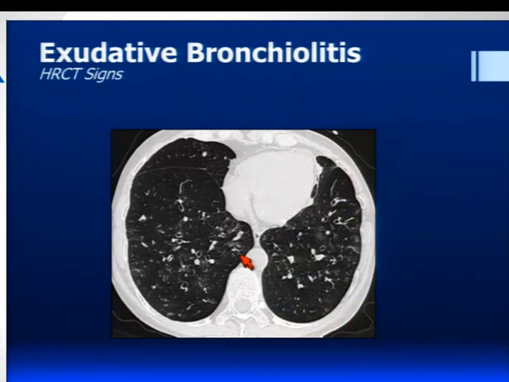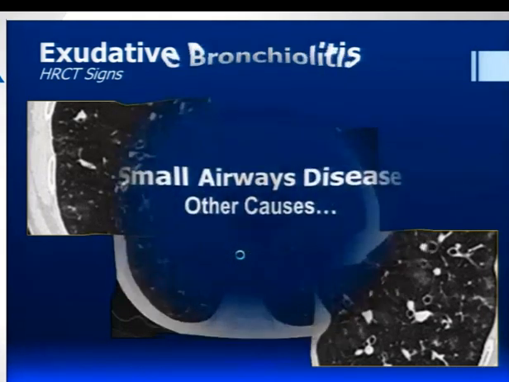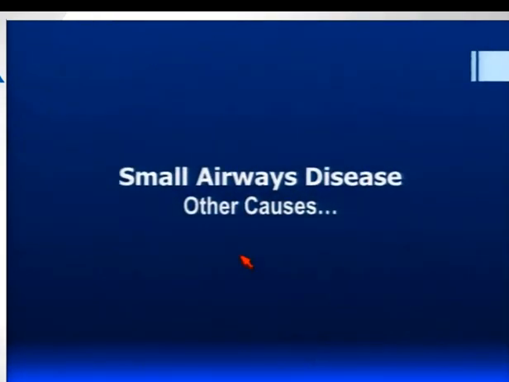Just another example here. This is a patient with non-tuberculous mycobacterial infection showing on these targeted images further examples of an exudative bronchiolitis. Okay, now those are the two principal categories of small airways disease.